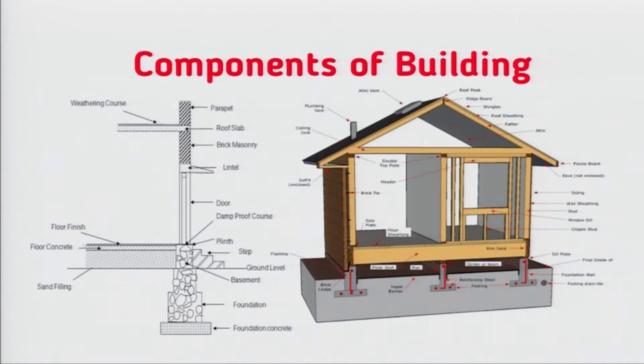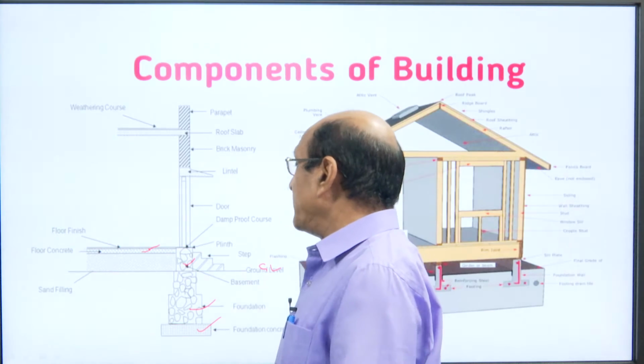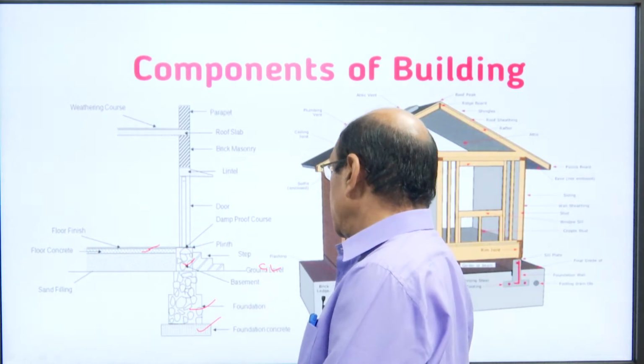You see here again, components of the building which are not discussed here. This is the foundation concrete, it is quite clear in this drawing. This is the foundation, this is the basement, this is the ground level. This is the sand filling, means earth filling. This is the plinth level, this is the floor concrete over which different categories of floors are constructed.